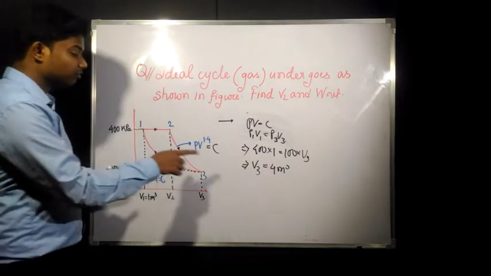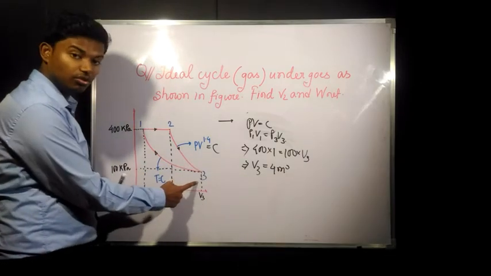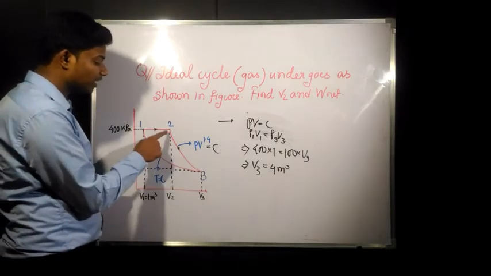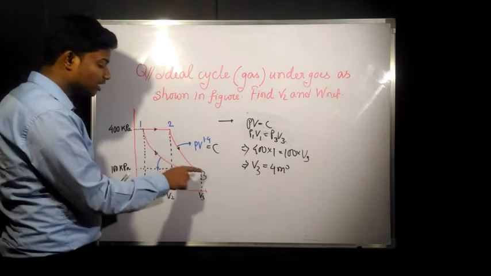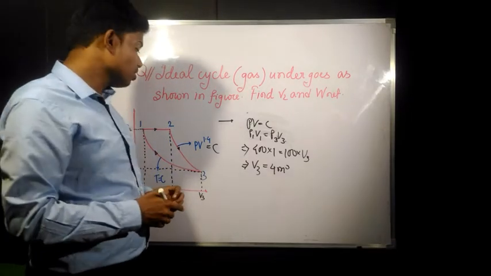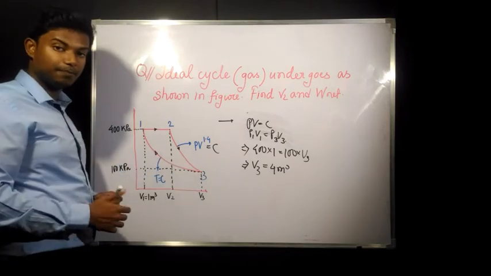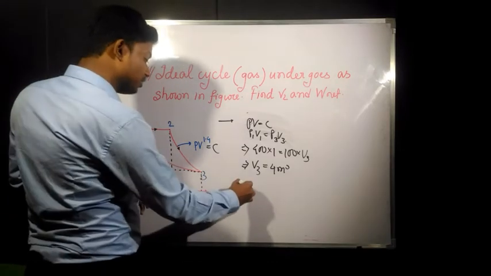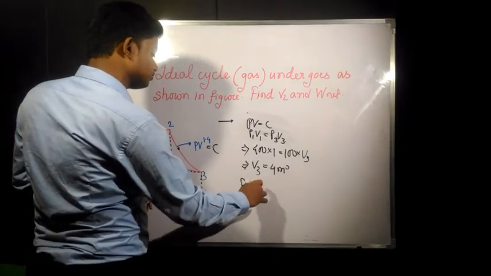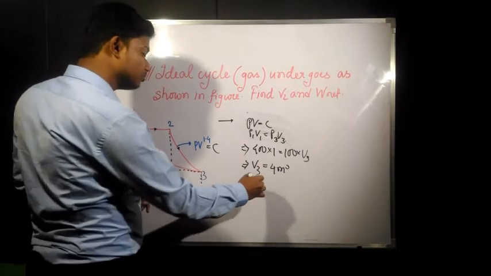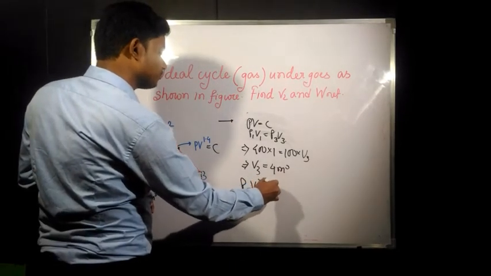Now we can put this in the next equation. If one of the unknowns is solved, which we are trying to solve by considering process 2 to 3, which is adiabatic, we had two unknowns, volume V2 and volume V3. For the adiabatic process, P1 V1 to the power gamma equals P2 V2 to the power gamma.